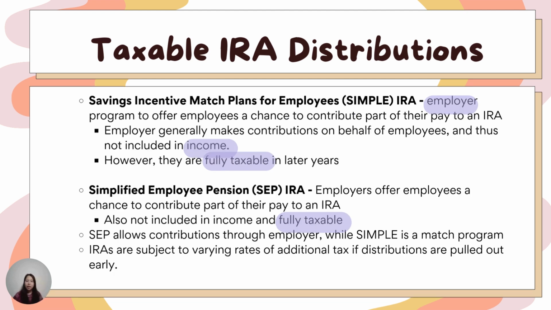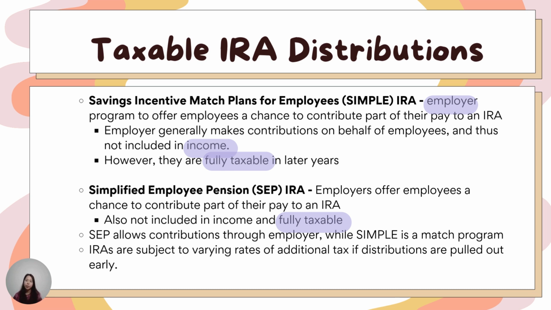Okay, so the next taxable IRA distribution that you may come into contact with is a savings incentive match plan, or SIMPLE IRA. This is an employer program to offer employees a chance to contribute part of their pay to an IRA. In this case, the employer generally makes contributions on behalf of the employees and thus it is not included in income.